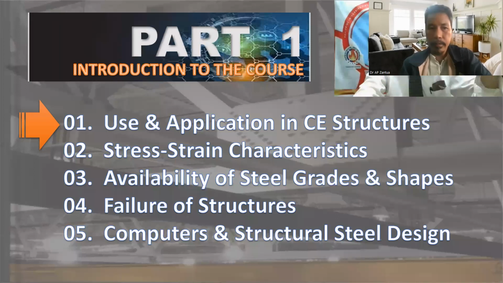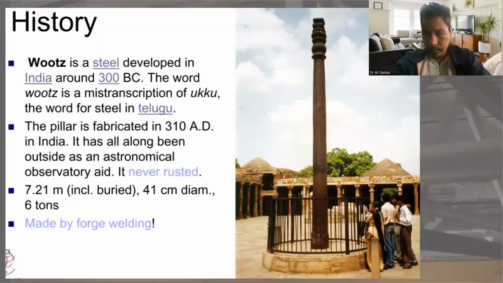So let's talk about steel, all about steel. Historically, wootz is a steel developed in India, comparatively the earliest use of steel.